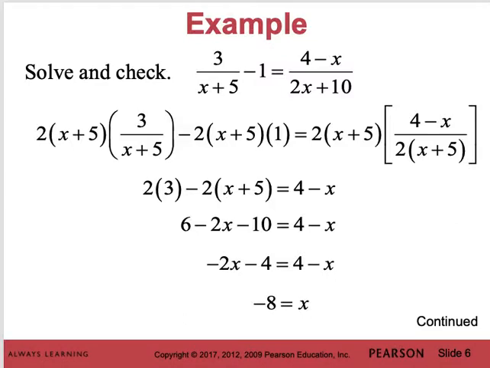Here's a different example. We want to find the least common denominator, and in this case, what we're looking at is the x plus 5 and the 2x plus 10.